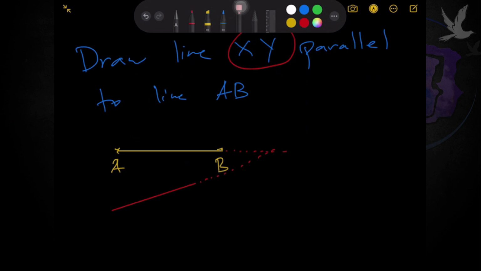So, hindi pwede yun. Okay? So, ibig sabihin, you should draw a line. Make sure that it is parallel to line AB. And you can now name this as line XY. Okay? So, that's the difference between the two parallel lines and perpendicular lines.